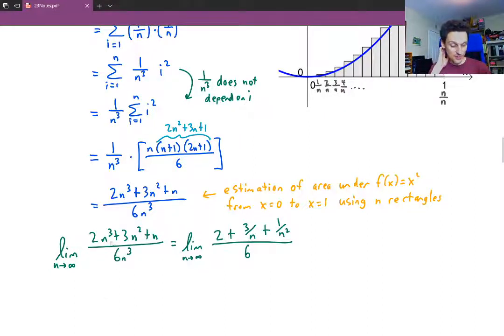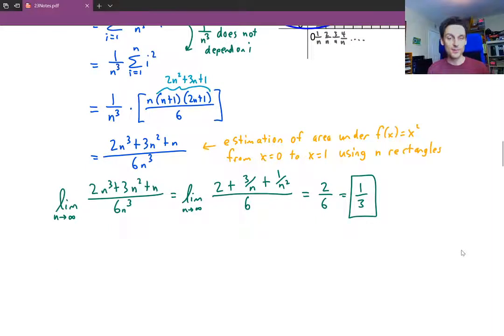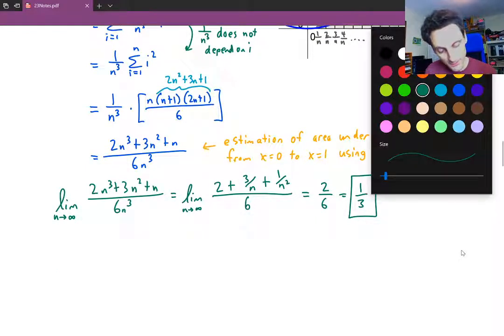Another way you could do it is just divide each of these terms by 6n cubed, and that would work as well. The main thing is here, all those little fractions go to 0, so you just get 2 over 6, which is 1/3. And 1/3 is the answer to the question that we first posed in packet 22.